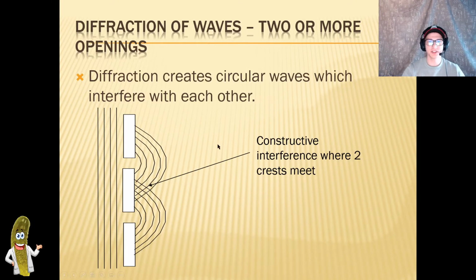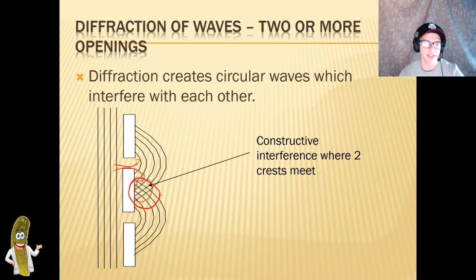And then this is just showing what can happen if there are multiple slits in an object. For example, if there are multiple slits in an object, light gets reflected through there or sound gets reflected through there. And at this point here, this is where we have constructive interference, which is where two crests are meeting.